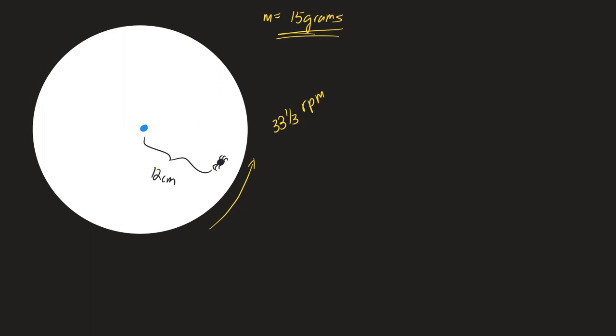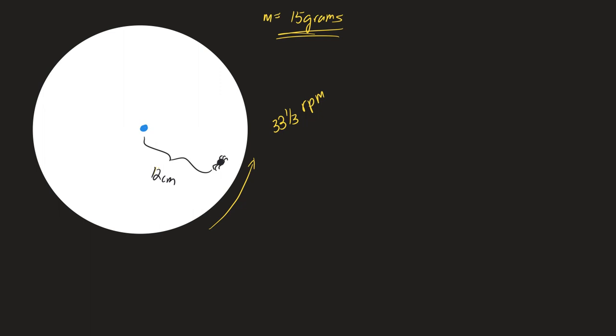With what force would the spider have to hold on to the record to not be thrown off? You have everything you need to do this problem. Whether you know how to do it or not, everything you need is there.